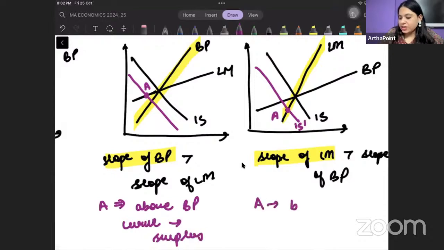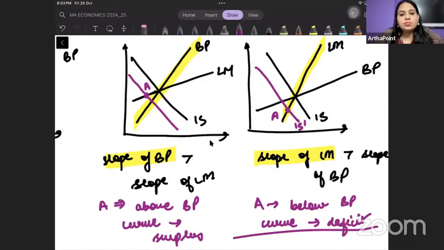And where point A is below the BP curve, it means deficit. This is what it is asking.